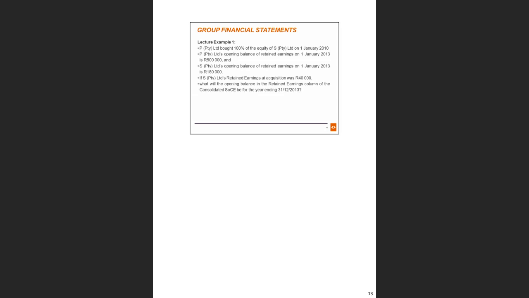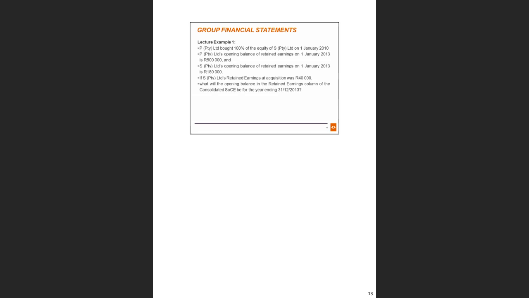So how do we determine the post-acquisition retained earnings? They told us that the subsidiary's retained earnings at acquisition was 40,000 Rand, okay? So this amount is obviously going to be eliminated, okay?